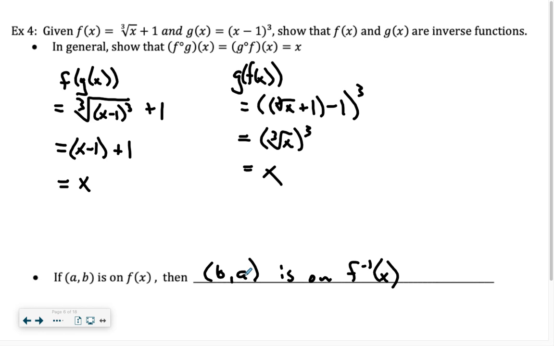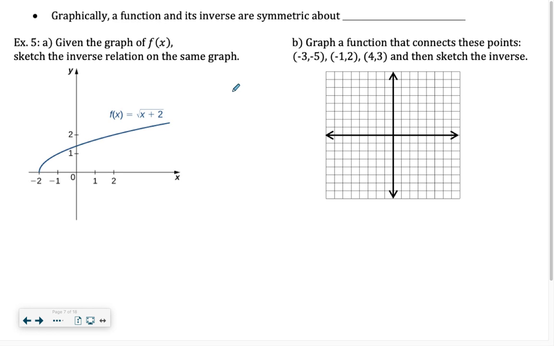Let's explore that idea a little bit more. Graphically, a function and its inverse are symmetric about the line y equals x. In both of these examples, we are given a function and we want to sketch the inverse.